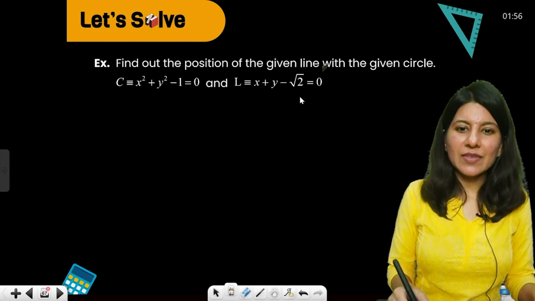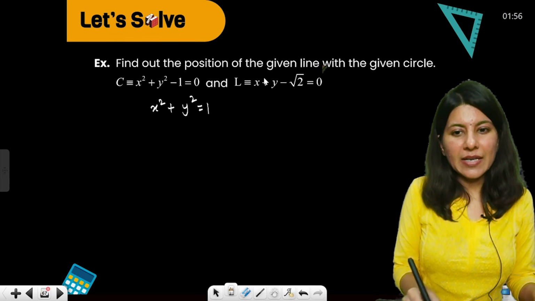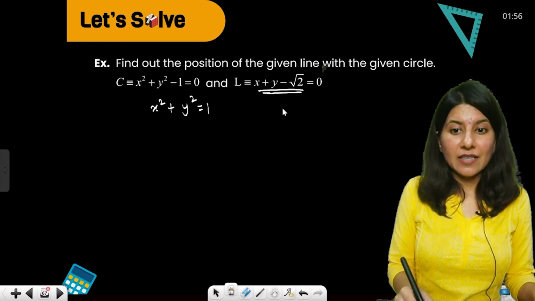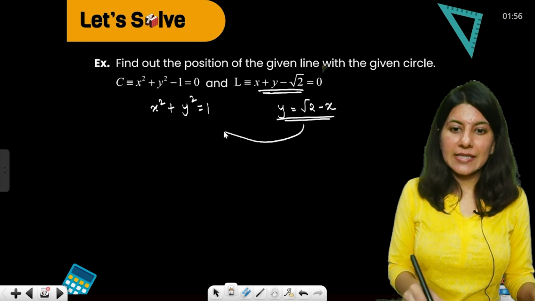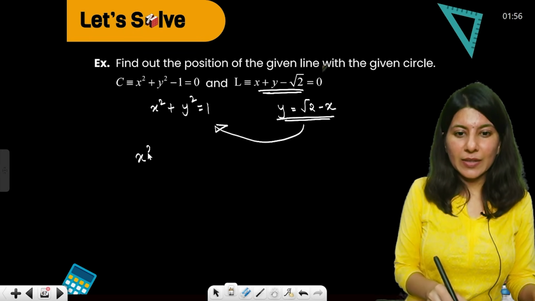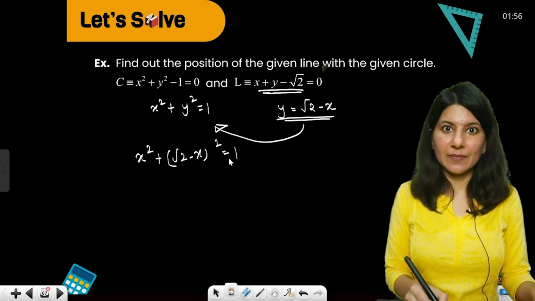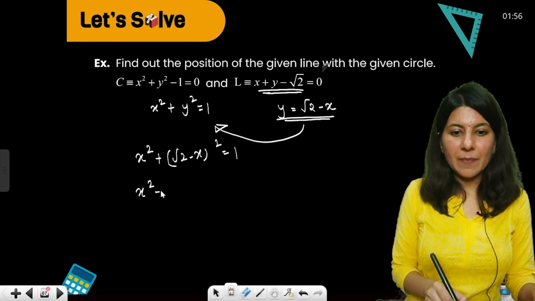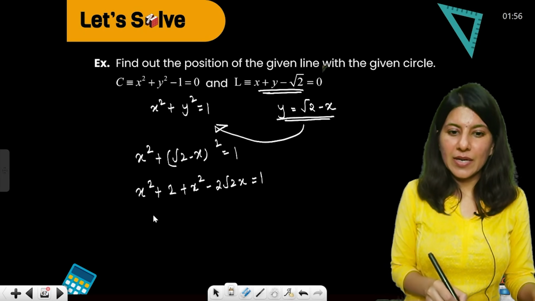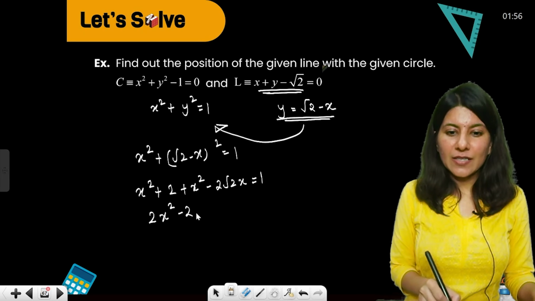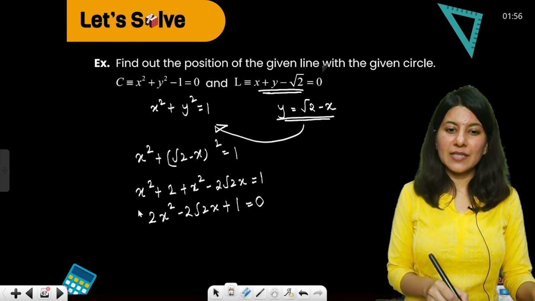Same thing again: the circle is x² + y² = 1 and the line is y = √2 − x. If you substitute this line in the circle, you will get x² + (√2 − x)² = 1. So x² + 2 + x² − 2√2x = 1, which gives 2x² − 2√2x + 2 − 1 = 0. So this is your quadratic in x.